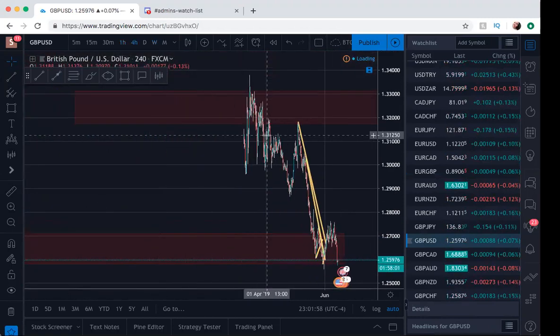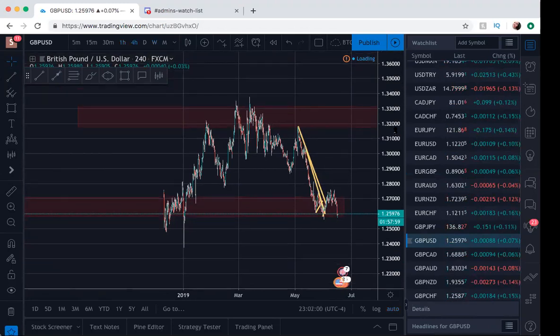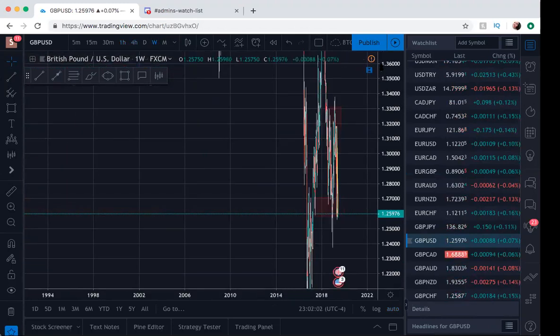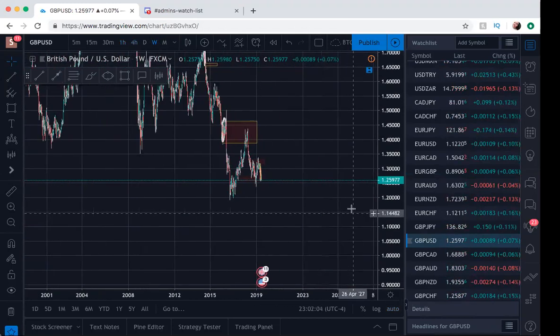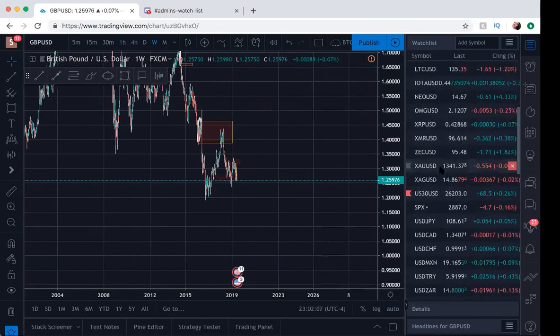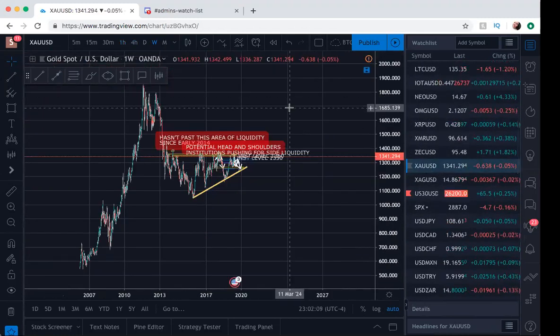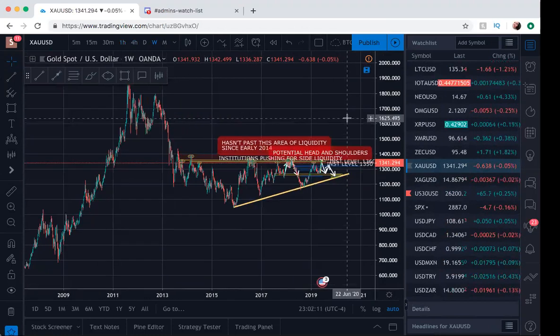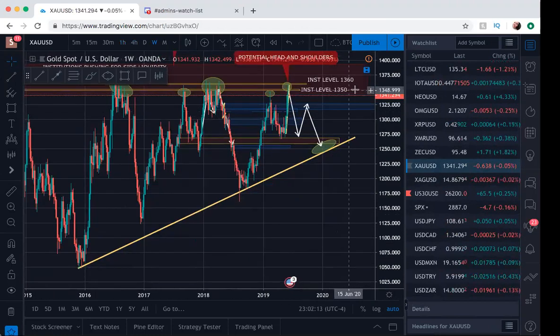But how we implement these institutional levels is, again, we go to the macro. You want to be identifying the macro trend of things. And I'll use my example on gold because that's kind of what we're talking about right now. I had macro institutional levels at 1350, 1360. We came up just shy of hitting 1360.